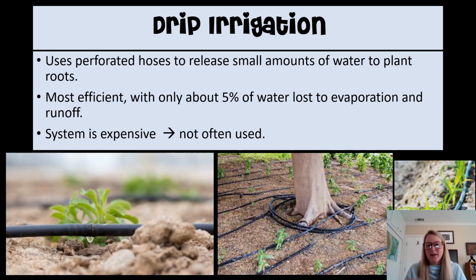So with this type of system, it is about 95% efficient. 5% is lost due to evaporation or runoff, which is way better than the other three. However, look at that. System is really expensive to maintain, and because it's expensive, it's not often used.